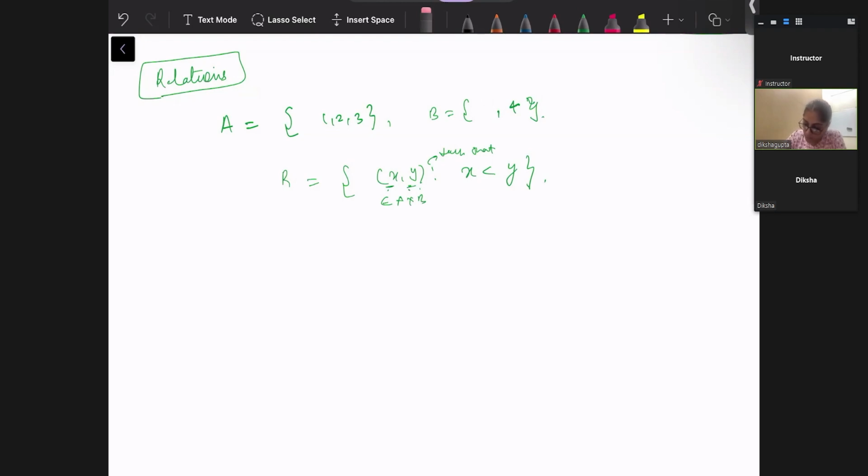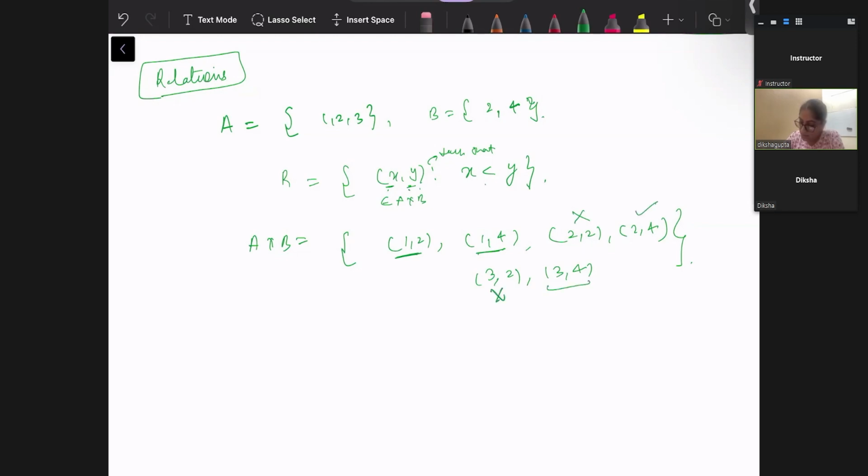So firstly, what will A cross B be? A cross B will be 1 comma 2, 1 comma 4, then 2 comma 2, 2 comma 4, 3 comma 2, and 3 comma 4. Right? So you can see 1 is less than 2, 1 is less than 4. We have strict inequality, so 2 comma 2 will not be in the relation. 2 is less than 4. 3 is not less than 2, so that will not be in it, and 3 is less than 4.